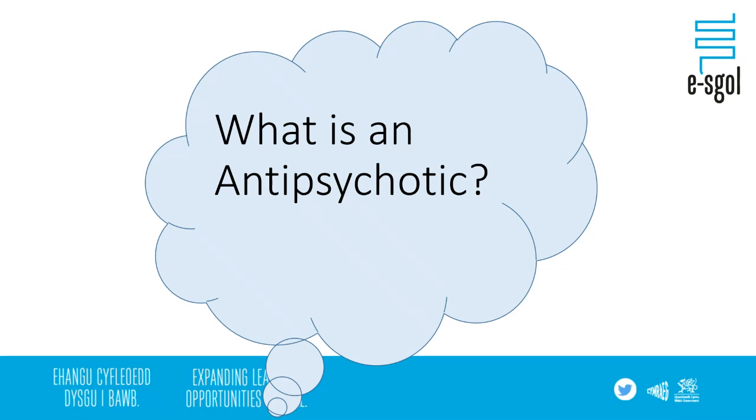An antipsychotic tries to bring you back down to earth slightly. We also know from the biological approach that the cause of schizophrenia is having too much of the neurotransmitter dopamine. So essentially, we want to dampen down the amount of dopamine that's in somebody's brain, and an antipsychotic drug can do that.